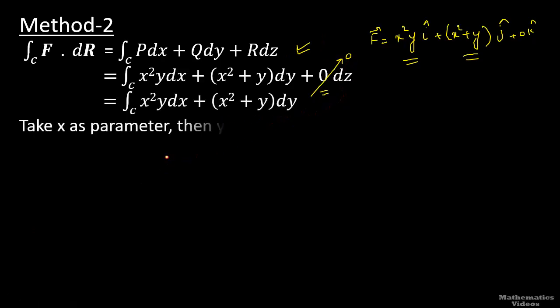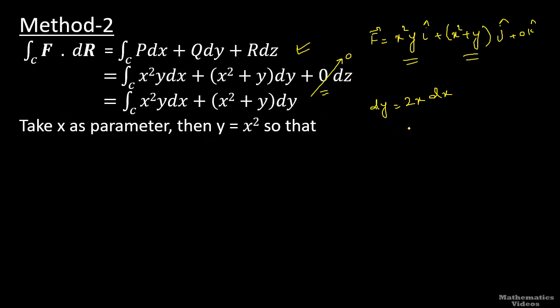The final term goes 0, so we don't need to write it in the next step, so that we have this. Now we will take x as parameter, and since the given equation of the curve is y equal to x square, it means that dy is equal to the derivative of x square, that is 2x times dx. Okay, so in place of dy we will have 2x dx, and since we have chosen x as the parameter, we need the variation of x.